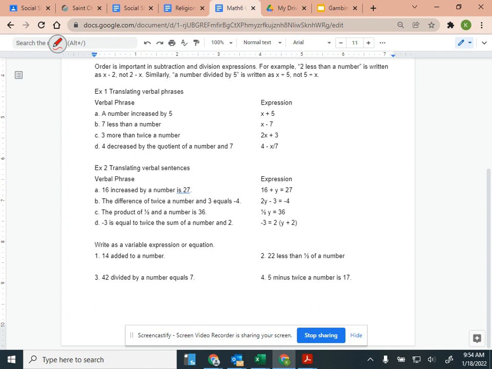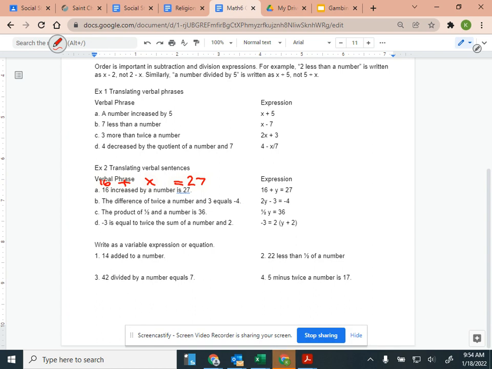Brielle? Look at our sentence. 16 increased by a number is 27. So if it is 27, it means it equals 27. So 16 increased by a number equals 27.